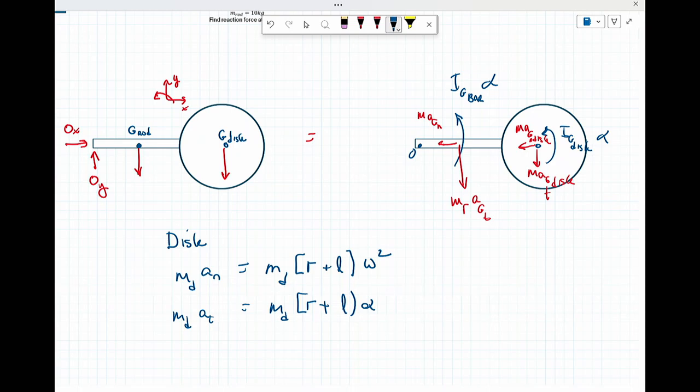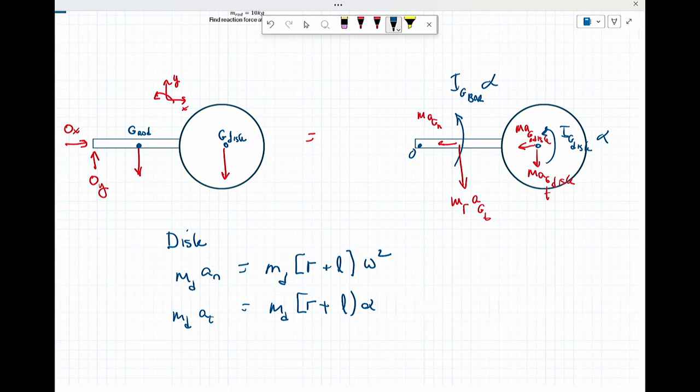Now, when I look at the normal acceleration, it's going to be a distance r plus L to point O. And because it's a distance r plus L to point O, I can do minus omega squared r, but I'm just going to write (r plus L) omega squared. For the acceleration tangential, same thing. I could write r cross alpha and alpha cross r.